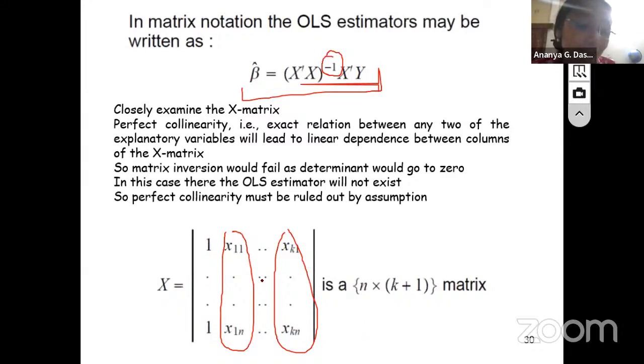If two columns of your X matrix become linearly dependent, then matrix inversion would fail because the determinant would go to 0, right? And in this case, you're not going to have an OLS estimator at all. So perfect collinearity has to be ruled out by assumption.